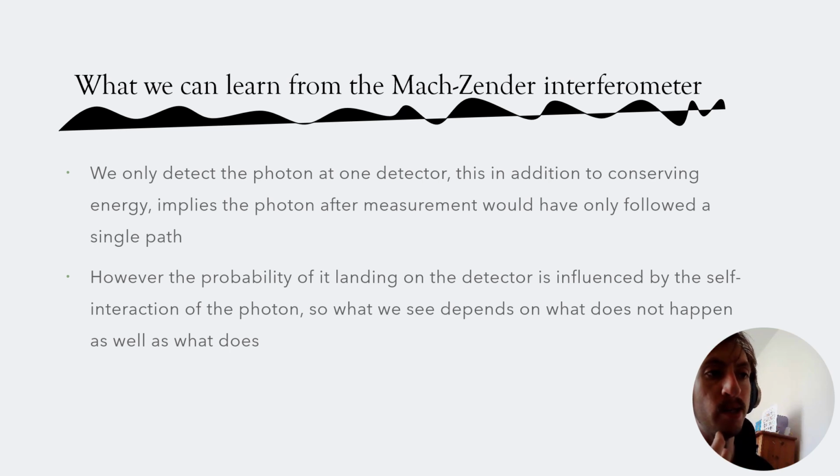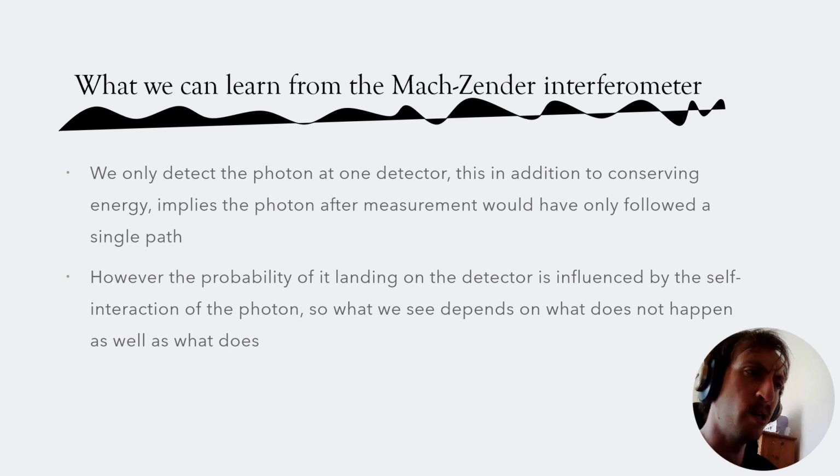So at least, because we find the photon having interacted with only one detector, once we determine which detector it's interacting with, it does seem to have interacted with only one detector, and as we say, due to the conservation of energy, this could imply that it has only travelled along a single path.